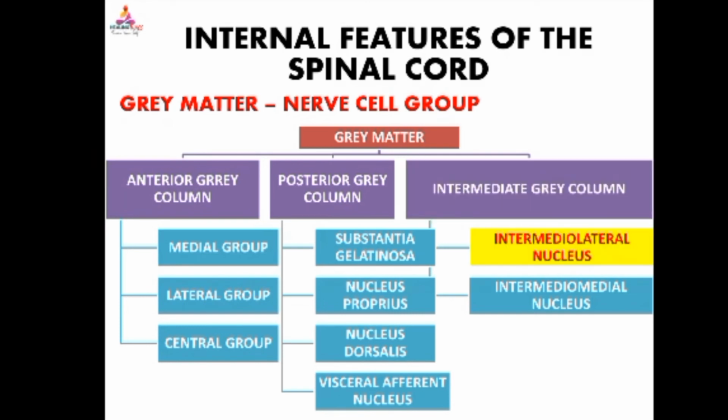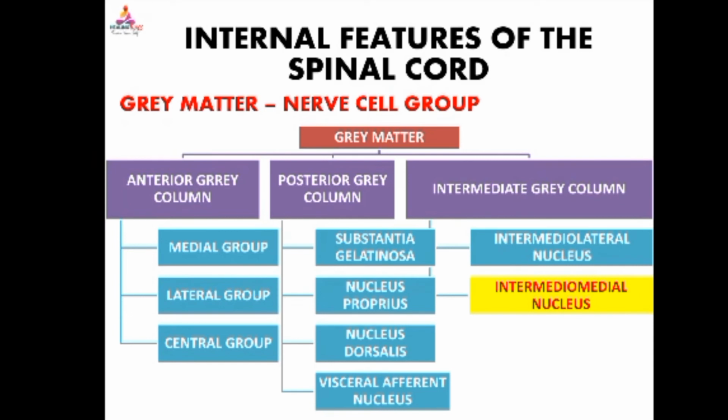First is the intermedio-lateral nucleus. Extends from T1 to L2 segments of the cord and gives origin to preganglionic fibers of the sympathetic nervous system, which leave the cord along with the anterior nerve root. Next is the intermedio-medial nucleus.